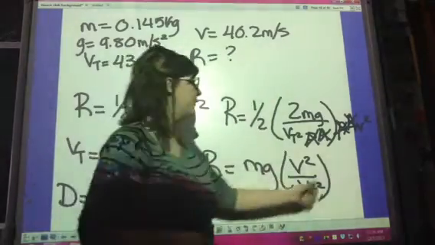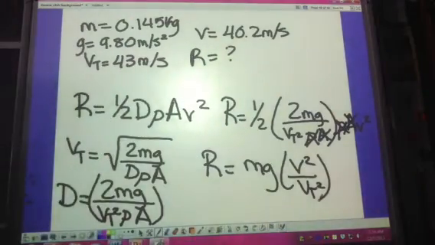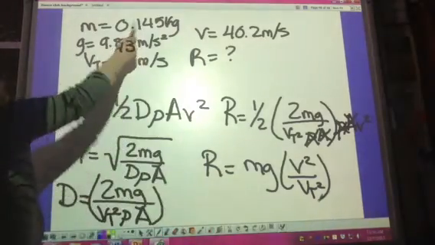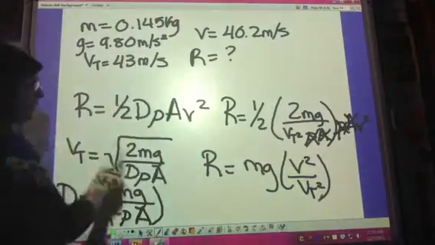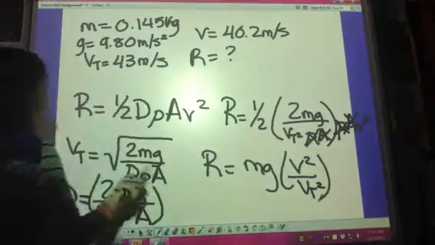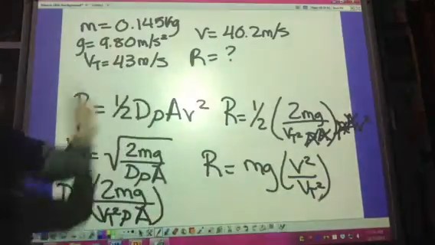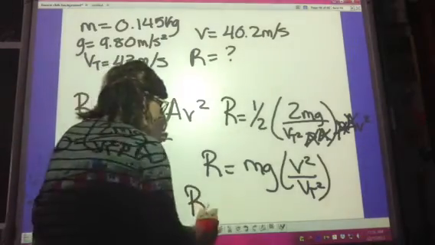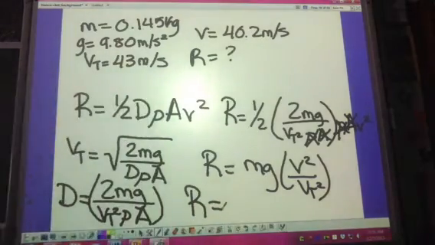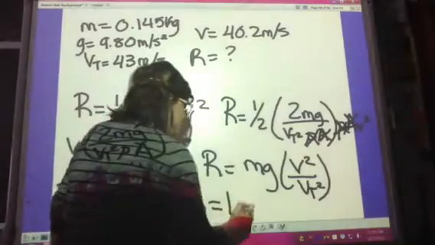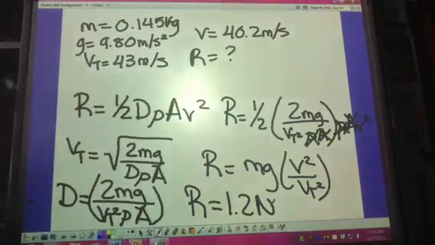Or I could have done v over Vt and then have that whole thing squared. And I know mass, 0.145. I know g, 9.8. I know v, 40.2. I know terminal speed, 43. So that means I could find R. Guys, when you plug those numbers in, we should get our resistive force to be equal to 1.2 newtons.